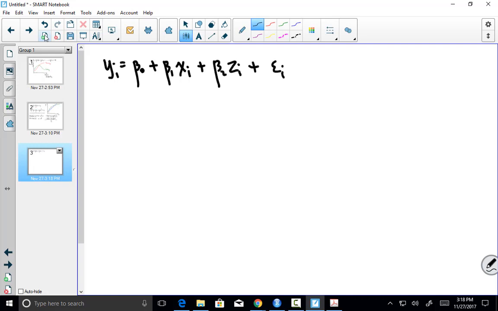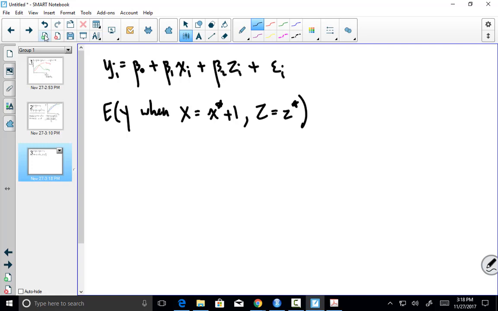We can do the same exercise. What's the interpretation of beta 1? We can compare the mean response when x equals x star plus 1 and z equals some particular value z star.